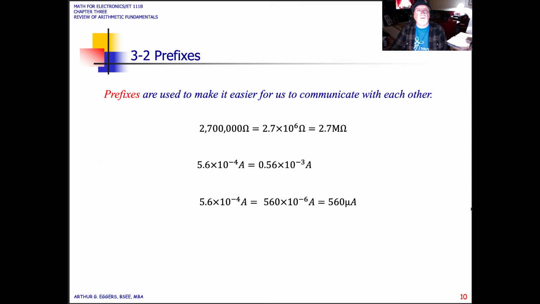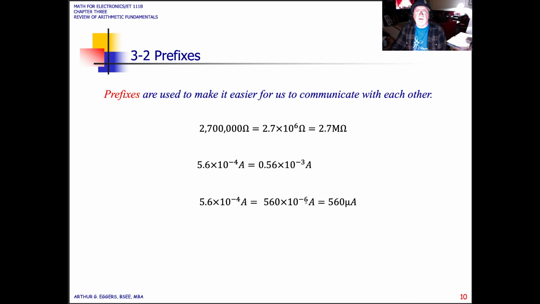So we start applying these prefixes for the exponents. 10 to the 6, mega. 10 to the minus 4th, we change to 10 to the minus 6, move the decimal point, and we have what essentially becomes a milli value.